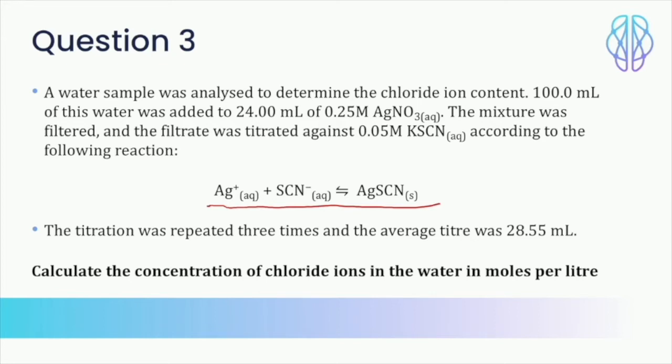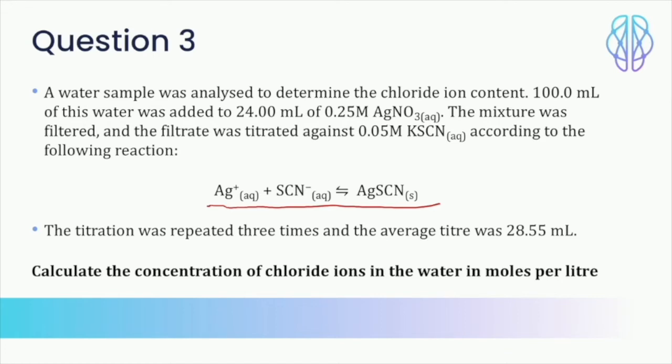Okay, so when you see this question, it's a lot of information to take in, and the first thing you should be doing, what I like to do, is visualize what's happening. So I'm picturing a big river of water, and they've just scooped up a beaker with about 100 milliliters of water in that beaker. You then add silver nitrate.